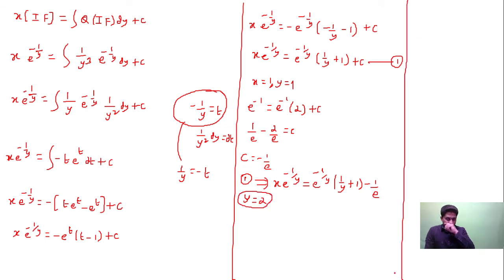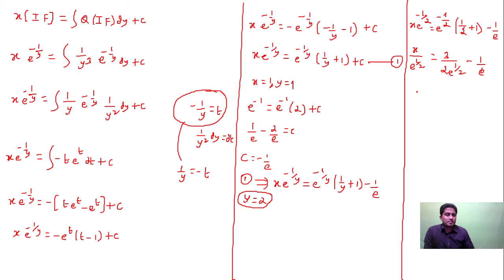When y equal to 2, you get x into e to the power of minus 1 by 2 is equal to e to the power of minus 1 by 2 into 1 by 2 plus 1, minus 1 upon e. So x by e to the power of half is equal to 3 by 2 e to the power of half, minus 1 by e.